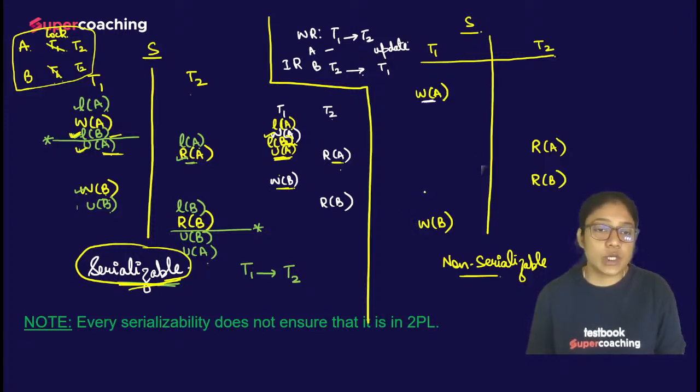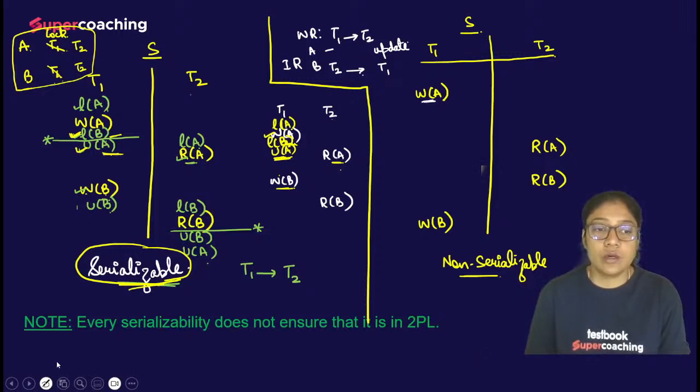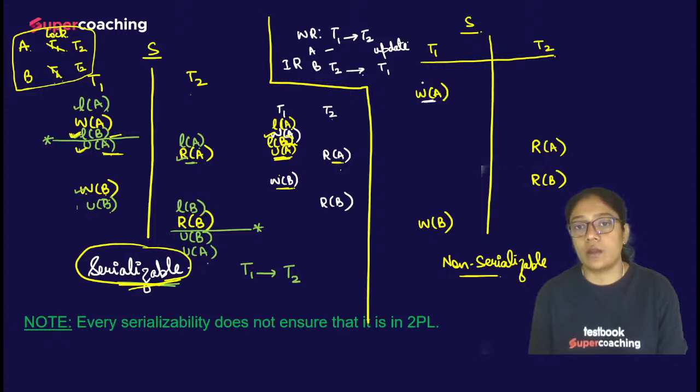Is it allowed to execute in 2PL? What you have to do is simply put the locks, lock the data item A. Now it wants a lock on data item A. This cannot get the lock until the other unlocks.